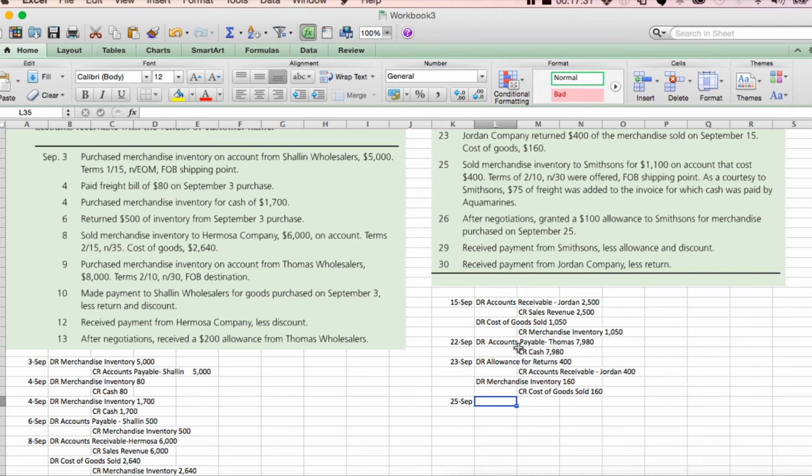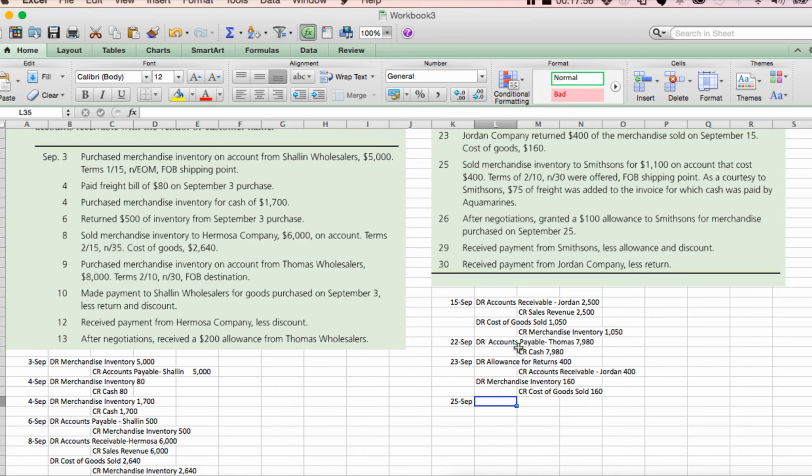Okay, so let's see. FOB shipping point means generally that they would pay the shipping costs. Okay, that was not the case in this scenario. So let's go over what we do have in this situation.